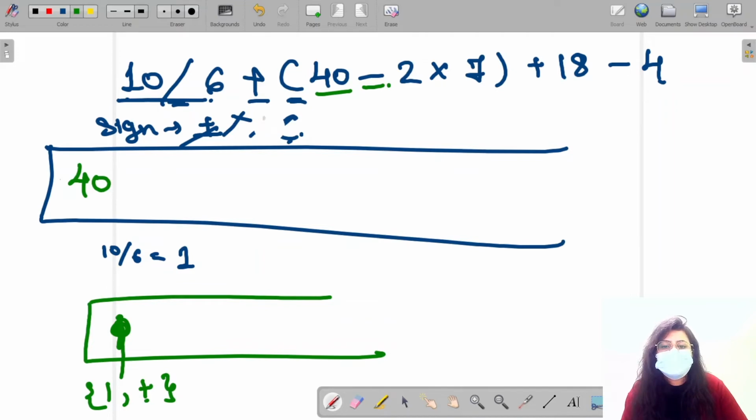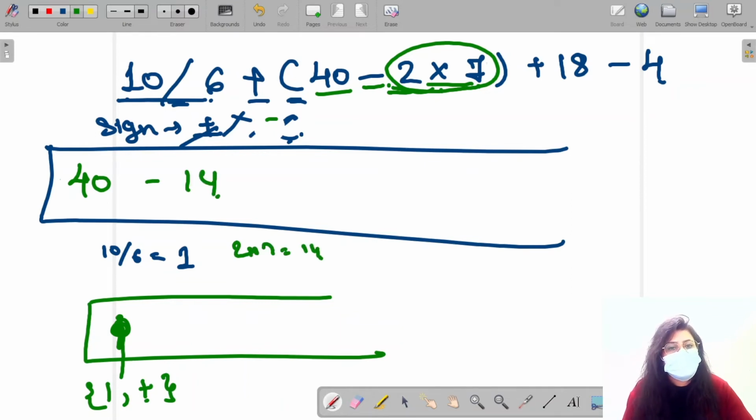Then minus operator came. Then we have 2, then into 7 came. So this will be solved first. 2 into 7. Pop 2 and solve it first. 2 into 7, which would be 14. So 40 minus 14, bracket closed.